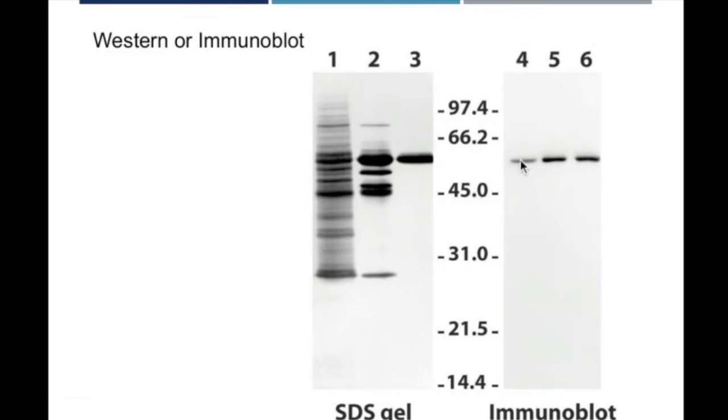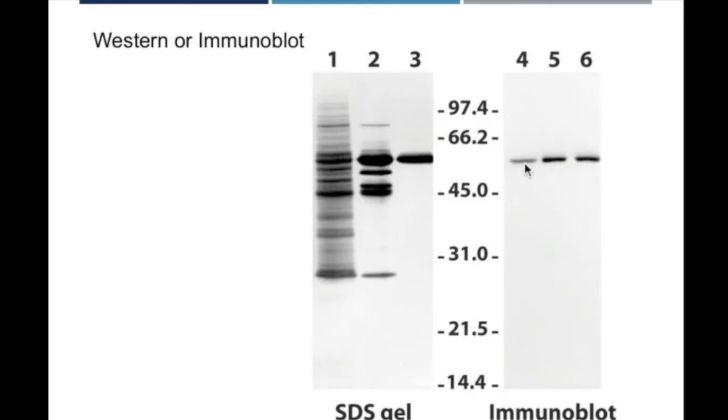So if we look here at the protein expression of 4, 5, 6, which one is more highly expressed? If you look at the SDS gel, number 5 shows the highest expression, right? But if you want to further confirm, we do the immunoblot. Still, it is the highest. The same protein, but different expression.